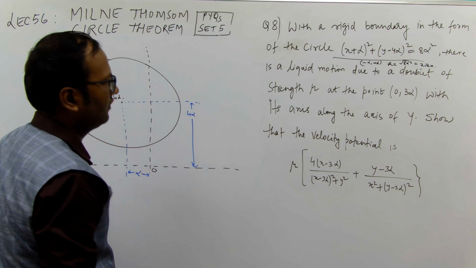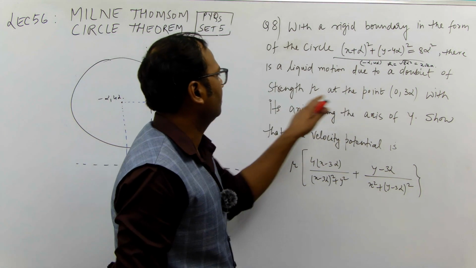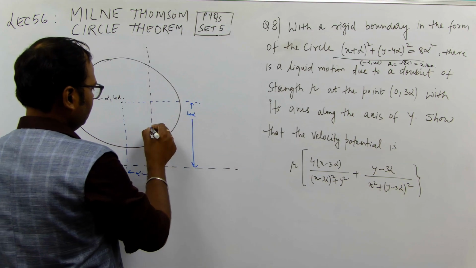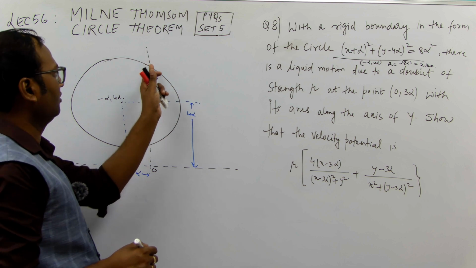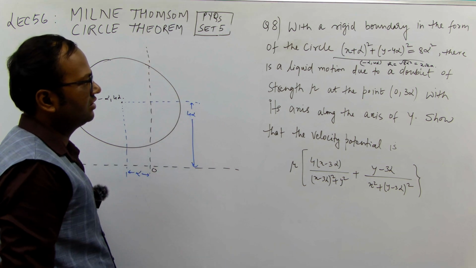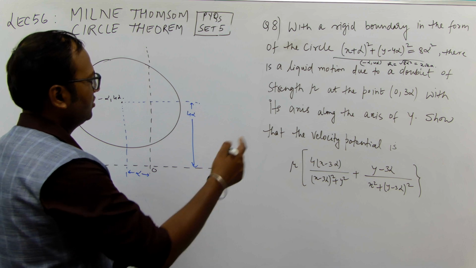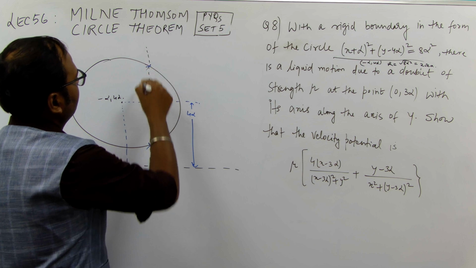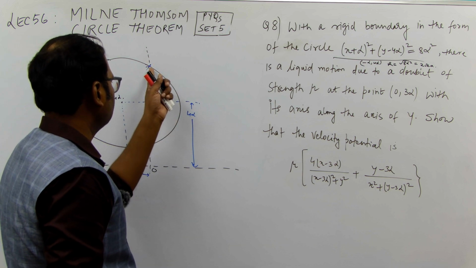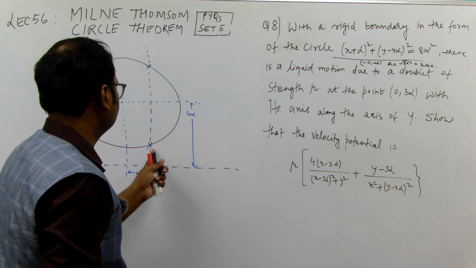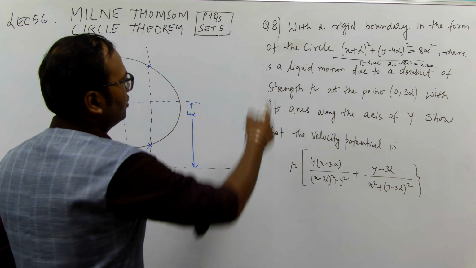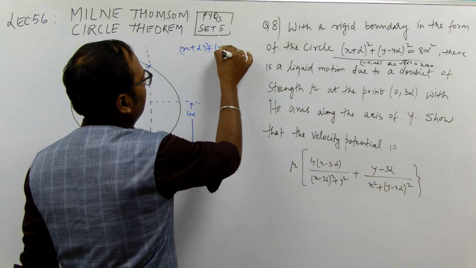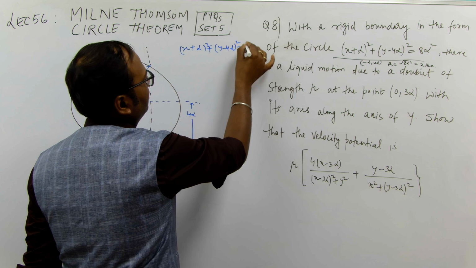We have the doublet of strength mu at the point 0, 3 alpha. First we have to calculate the coordinates of the two points where the circle meets the y axis, to decide the position of 0, 3 alpha. On the y axis x is 0. The equation of the circle is (x plus alpha) square plus (y minus 4 alpha) square equal to 8 alpha square.